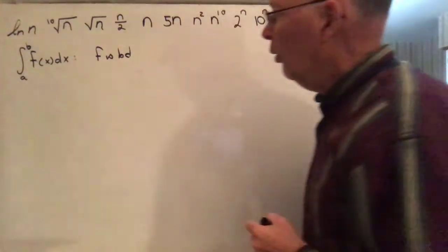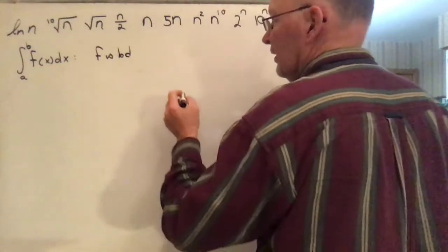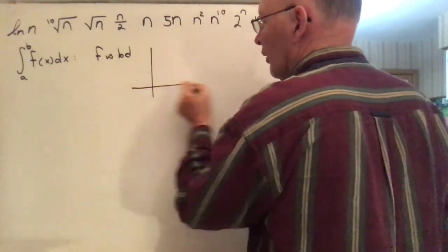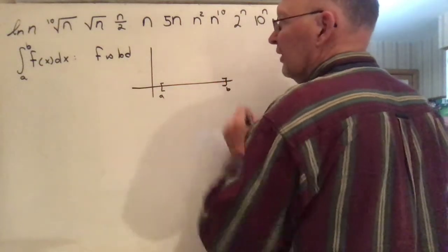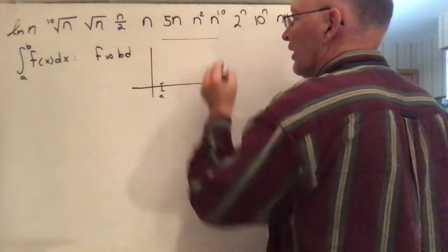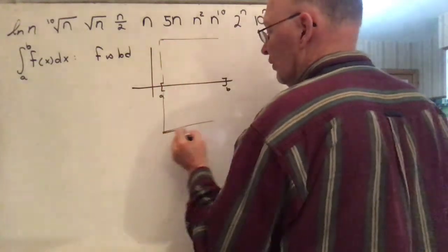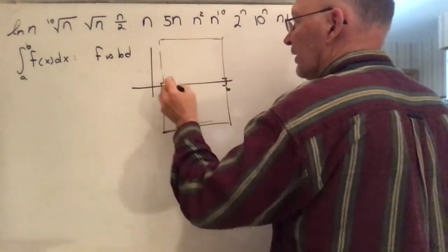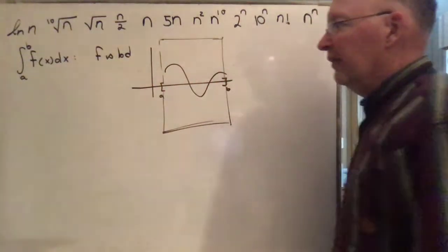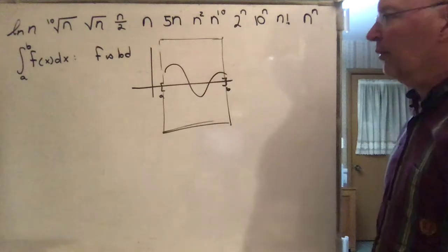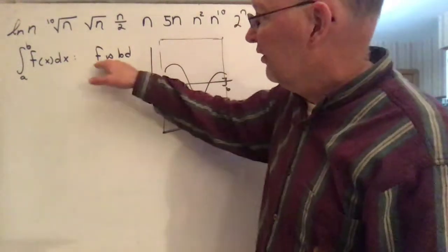So basically the whole thing could be put in a box. The interval goes from a to b, and the function never gets bigger than a certain thing and never gets less than a certain thing. So the whole function fits into a box like that, and then you can find the value of the integral. Those were the kinds of functions that the fundamental theorem of calculus dealt with.